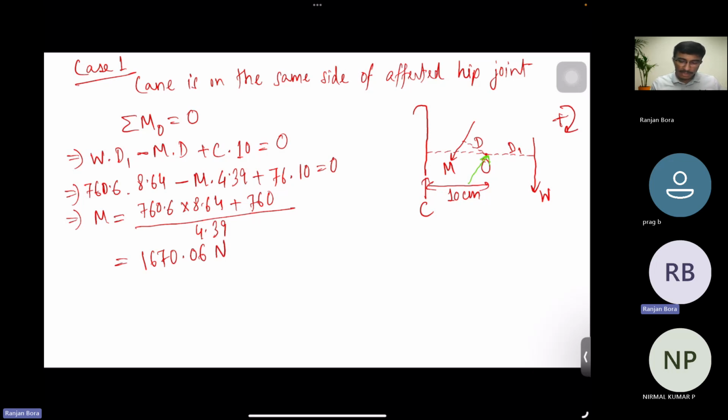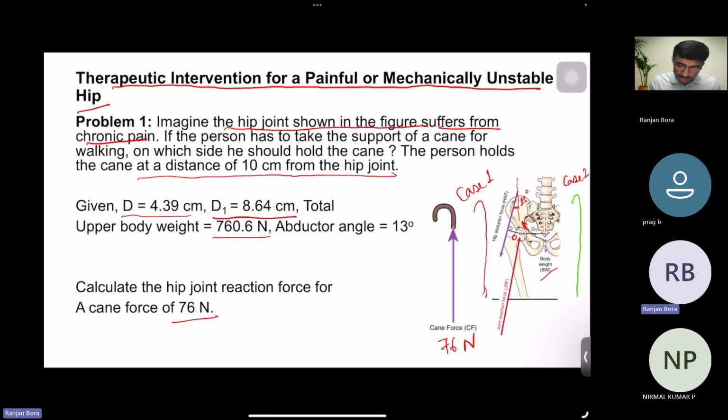Now we have got the abductor muscle force, so now we can find the joint reaction force J. So how we can find the joint reaction force? We know this angle. This angle is given 13 degree.